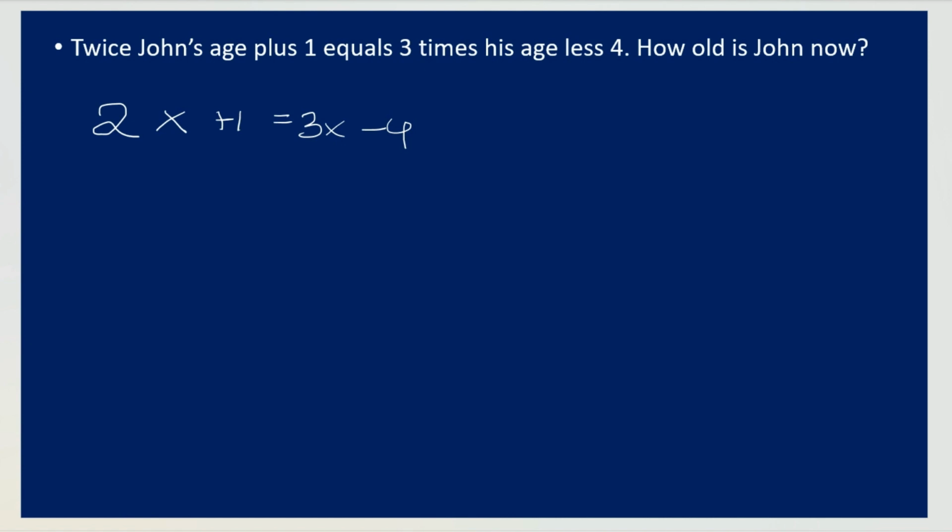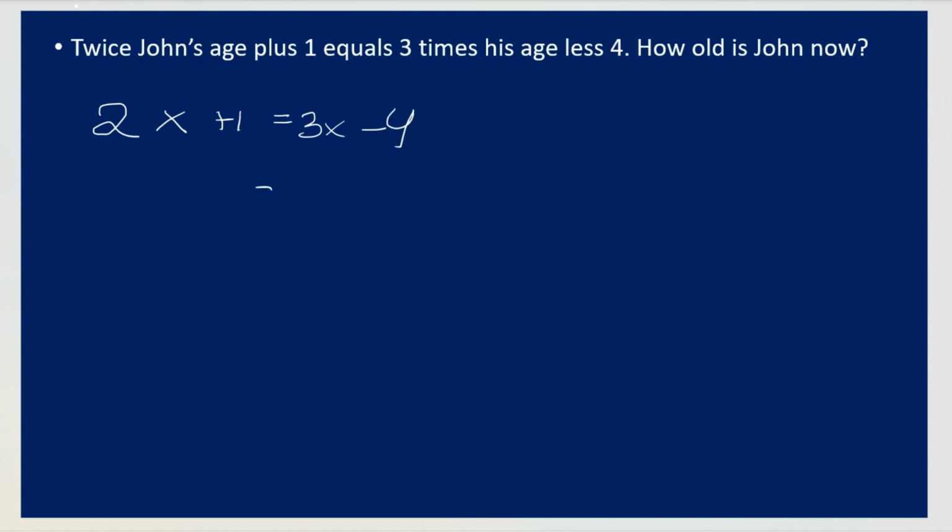How old is John? Now we just want to find x. So now this 2x is going to transition to the right, and then this negative 4 is going to transition to the left. Okay.